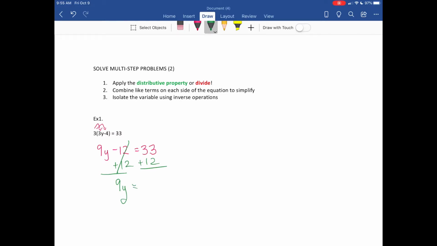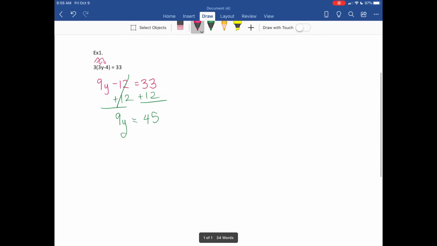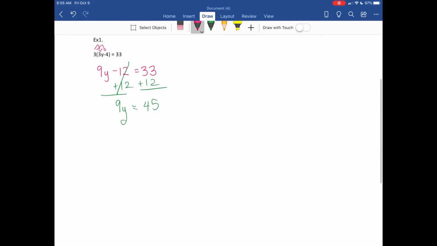And then the right side, we take the sum of 33 and 12, and we get 45. I still want y by itself. So our next operation, 9 is being multiplied, so I do the inverse operation. We divide both sides by 9 to get y alone. So that leaves us with y on the left side, and 45 divided by 9 gives us 5.